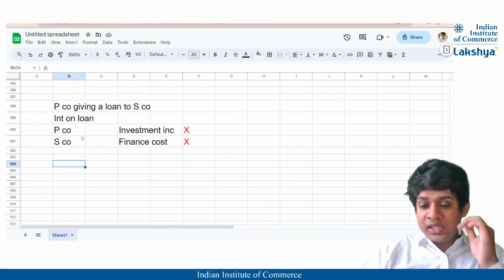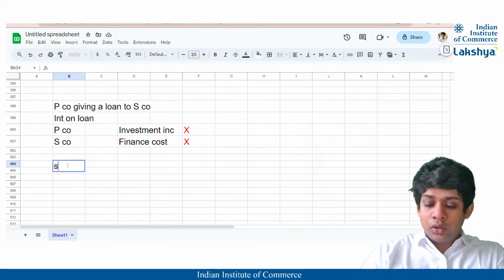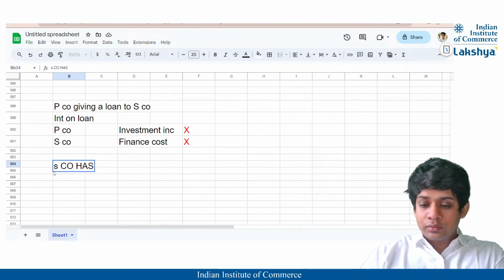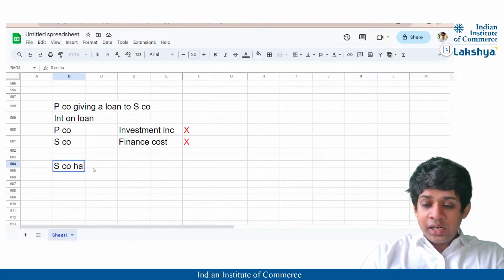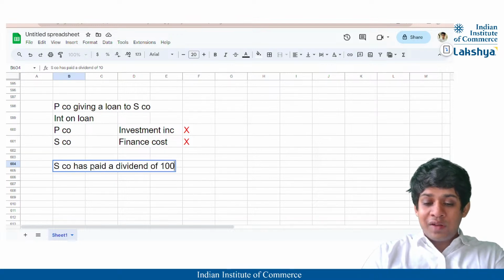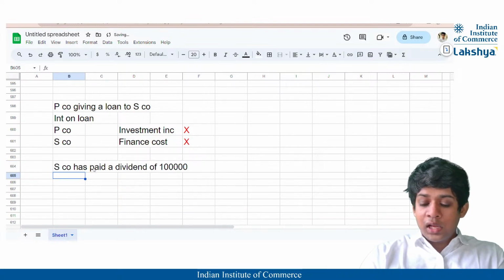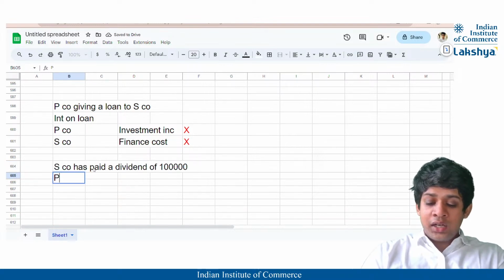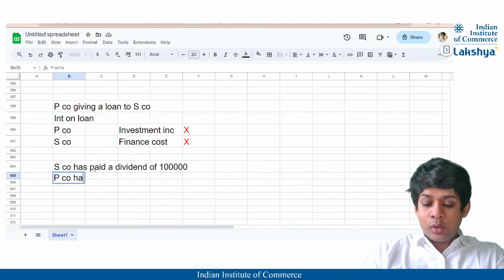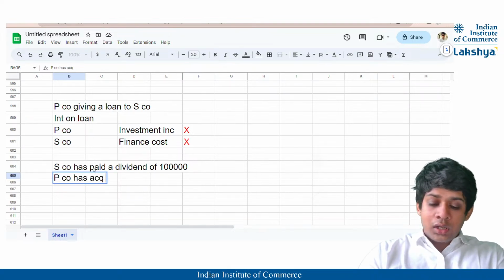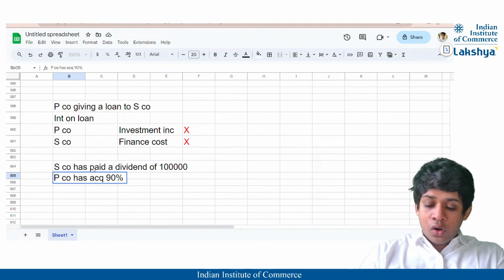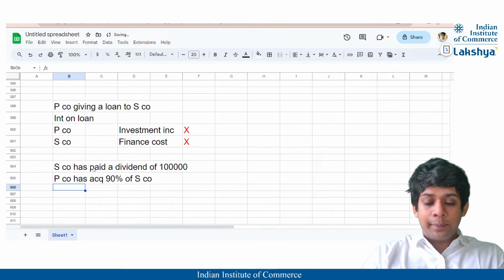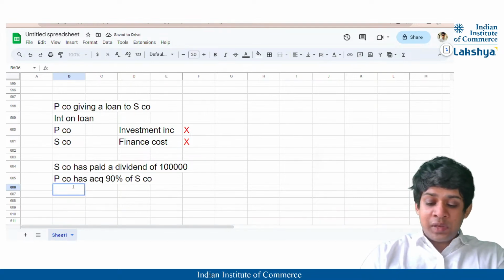Now, if the subsidiary company has paid a total dividend of 1 lakh, and the parent company has acquired 90% of the subsidiary company, how much dividend has P company received?